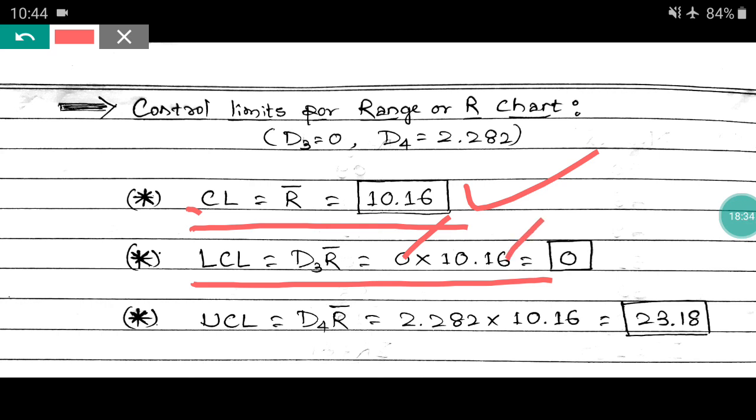R bar value is 10.16, so the value is 0. Next UCL equal to D4 R bar, 2.281 into 10.16, the value is 23.18. These are the control limits for range chart.